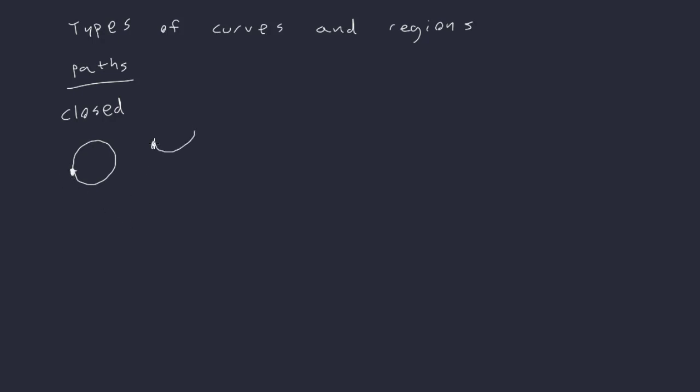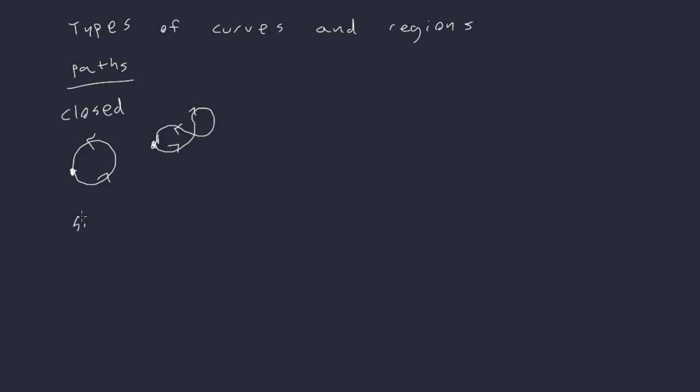But we can have other forms of closed paths too, like the figure 8. We're still starting and ending at the same place, but we're crossing over ourselves and having an intersection point. These are both closed paths.